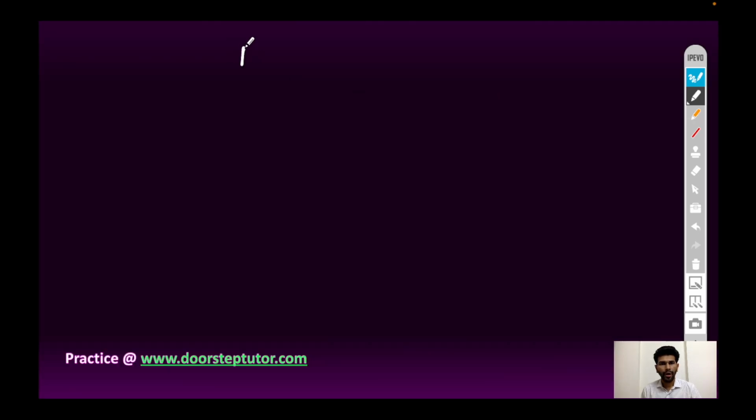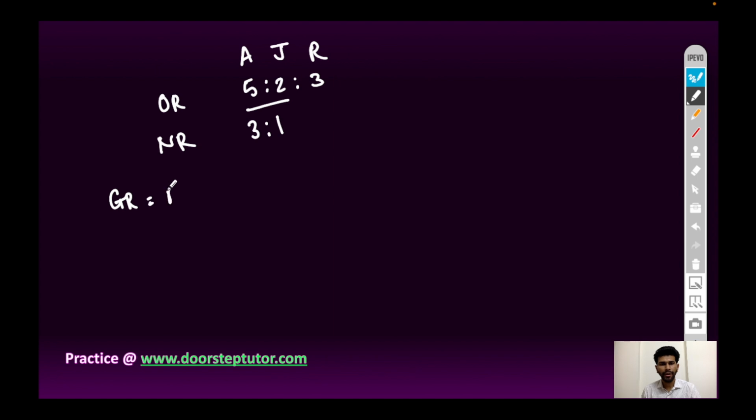So Amit, Jitu and Rishi, old partners, their old ratio is 5 to 2 to 3, and new ratio between Amit and Jitu is 3 to 1. So gain ratio will be equal to new ratio minus old ratio.